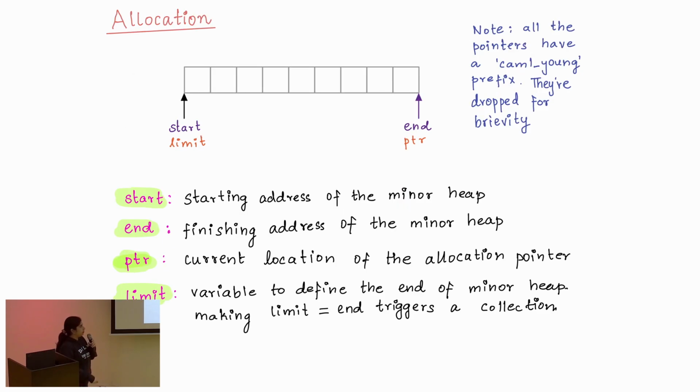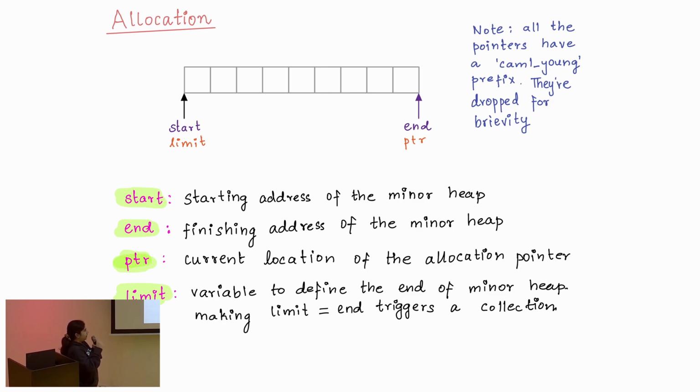How does allocation happen? So imagine this is our minor heap. We have a few pointers, and of course they all have a caml_young prefix in the runtime, but I'm going to skip those details for the sake of simplicity. We have a starting address and the end address of the minor heap, which is the actual memory address of these. We have the current pointer, which stores the current location of where our allocation is.